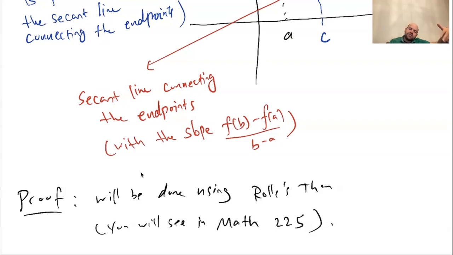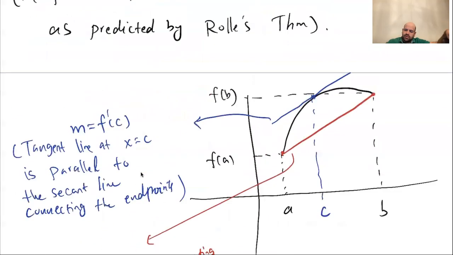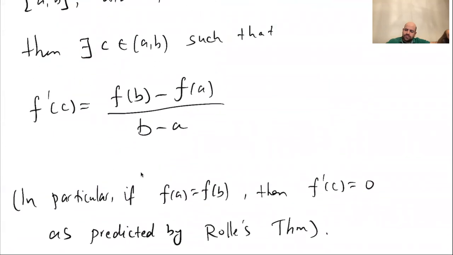But with a small trick, you can define a function h, where h of a equals h of b, and then h prime of c equals 0 will imply what you need to show, which is the expression f prime of c equals f of b minus f of a over b minus a.